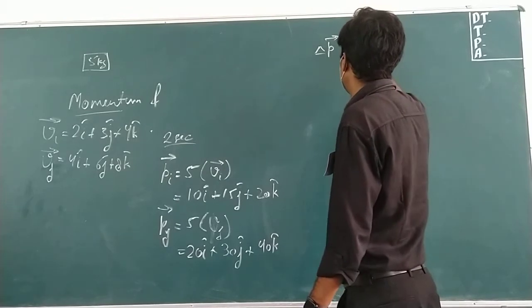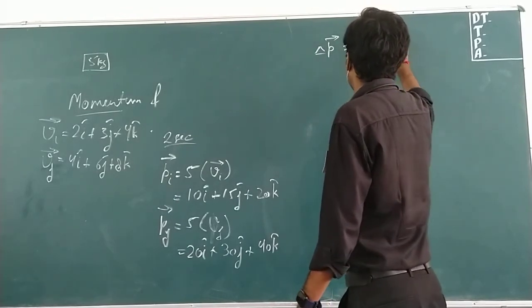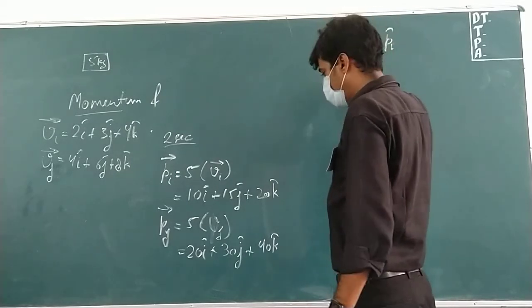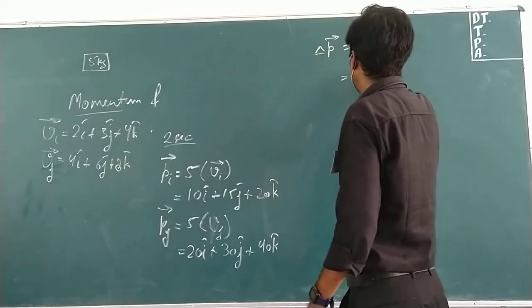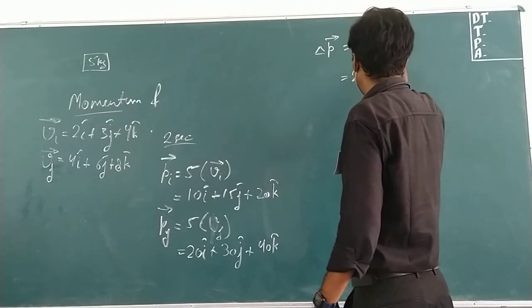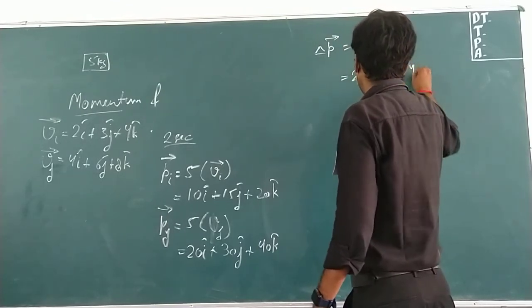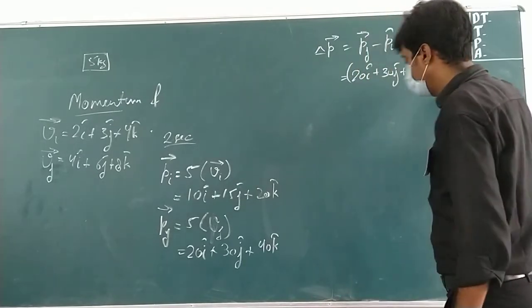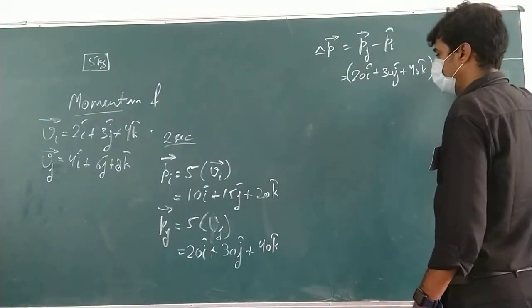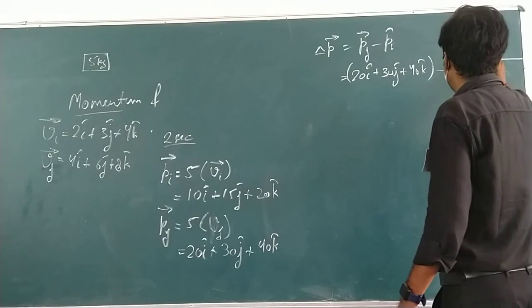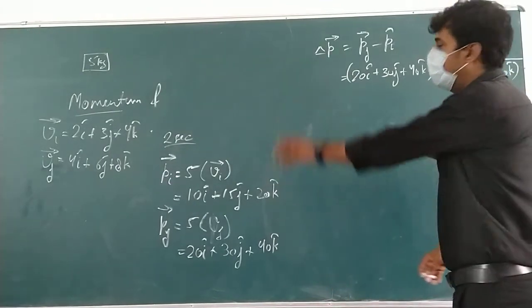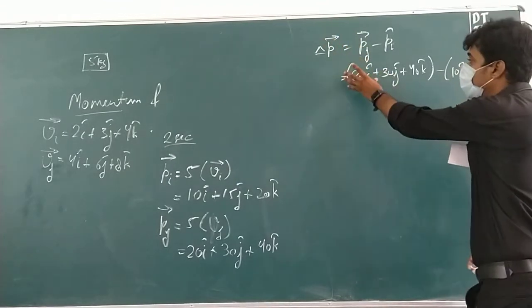Delta P means Pf minus Pi: 20i cap plus 30j cap plus 40k cap minus 10i cap plus 15j cap plus 20k cap.